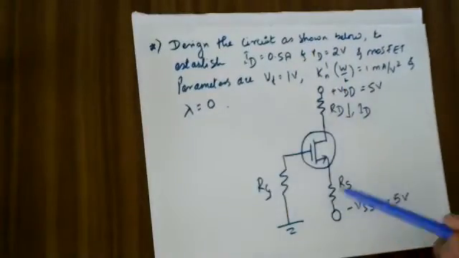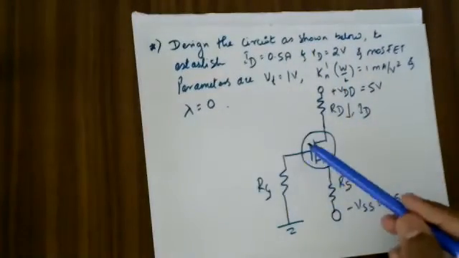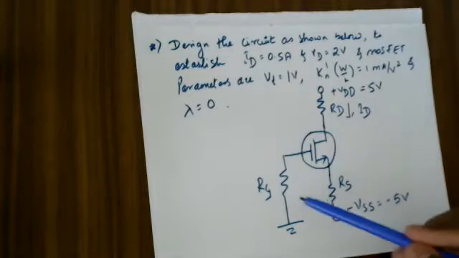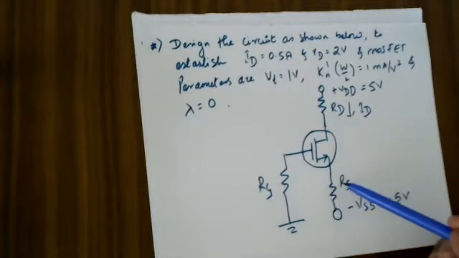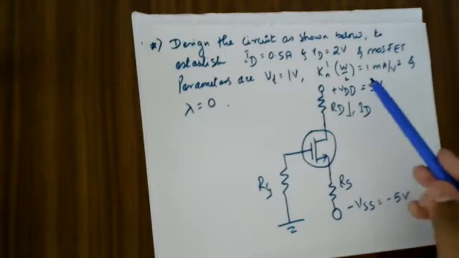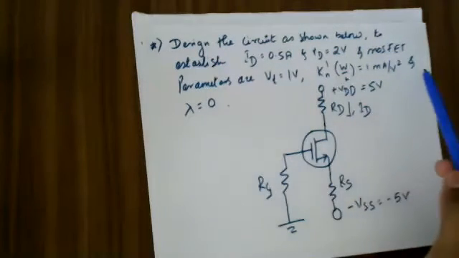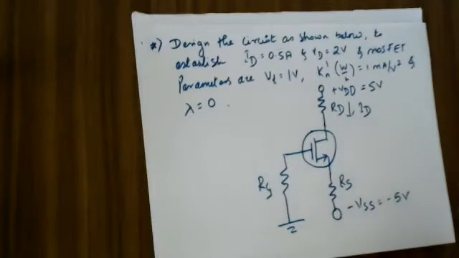He has given us a circuit and he is asking us to design this. Design this means identify the proper values for RD, RG, and RS. And he has given us some parameters related to the MOSFET.